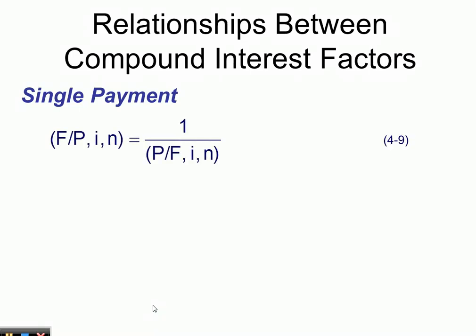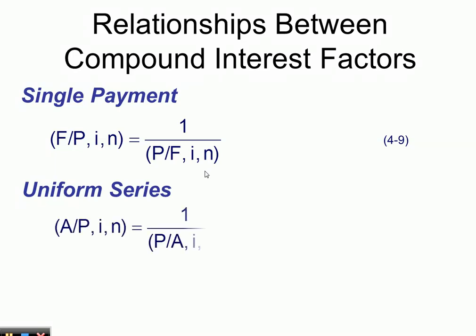All right, let's talk about the relationship between compound interest factors. In terms of a single payment, they're simply inverses of each other, and you noticed it before when we discussed it in a previous chapter.